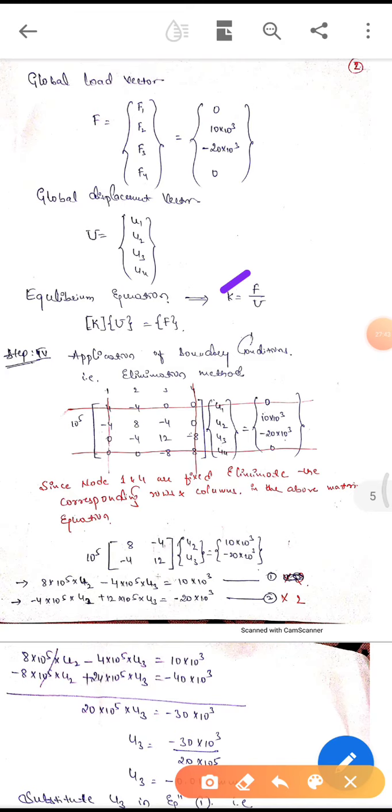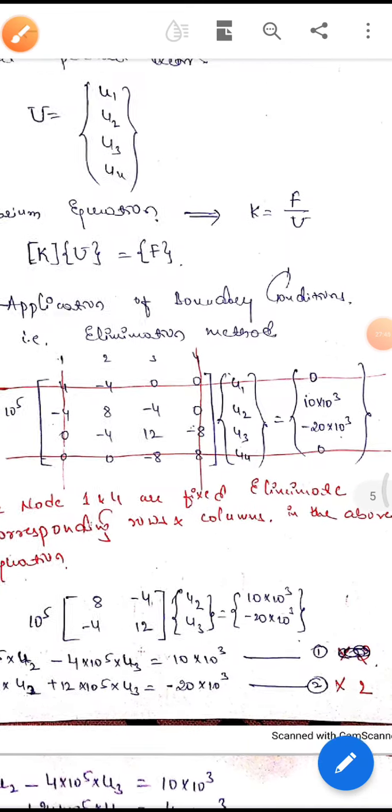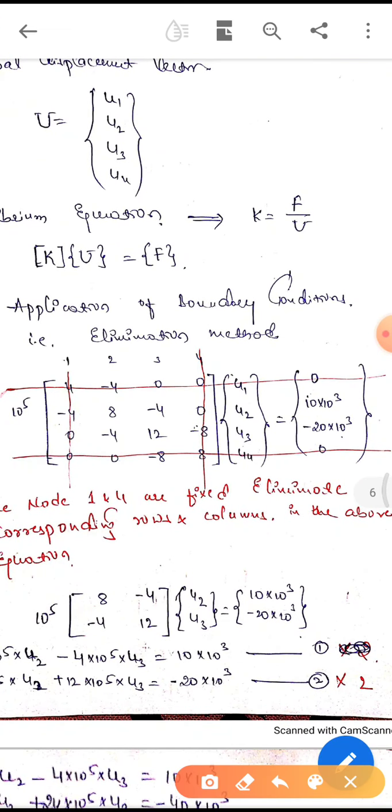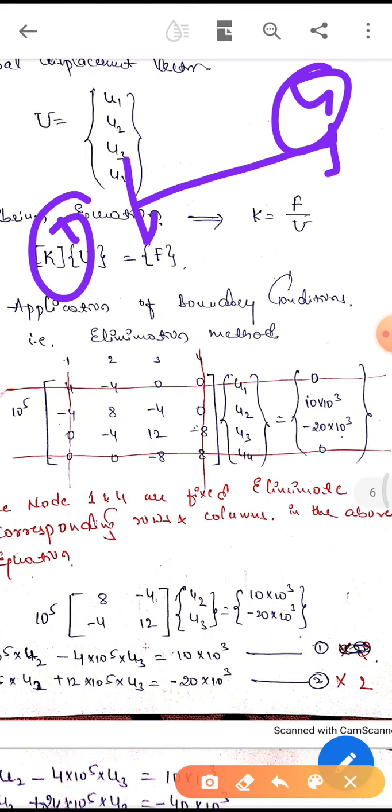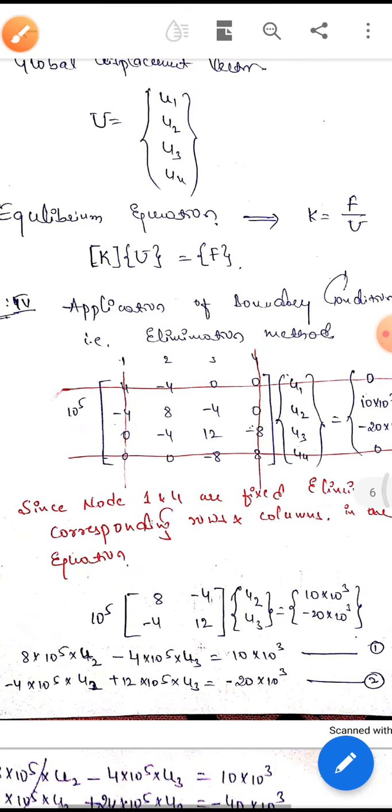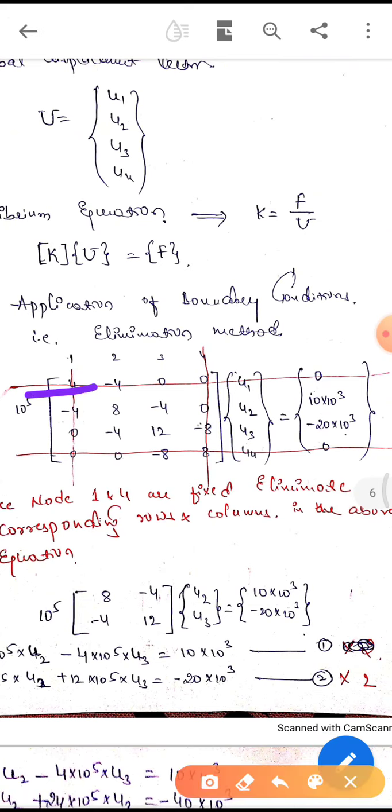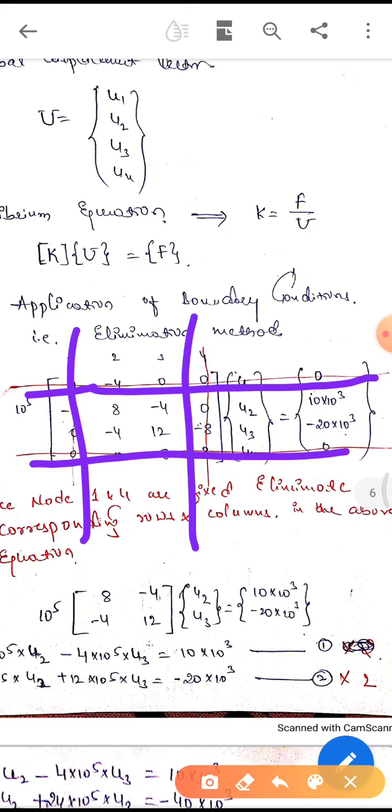This is the equilibrium equation that we have written here. The first and fourth nodes of the given problem are fixed, so we need to eliminate the first row, first column, fourth row, fourth column.